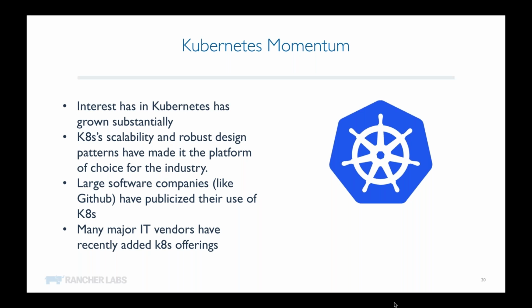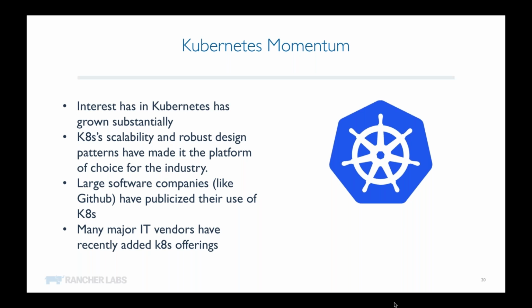So, Kubernetes momentum. First of all, I want to give you a bit of information around why Rancher has shifted to use Kubernetes as its base orchestration platform. Before Kubernetes, we had Rancher 1.0 that used our own orchestration platform called Cattle for deploying Docker containers.